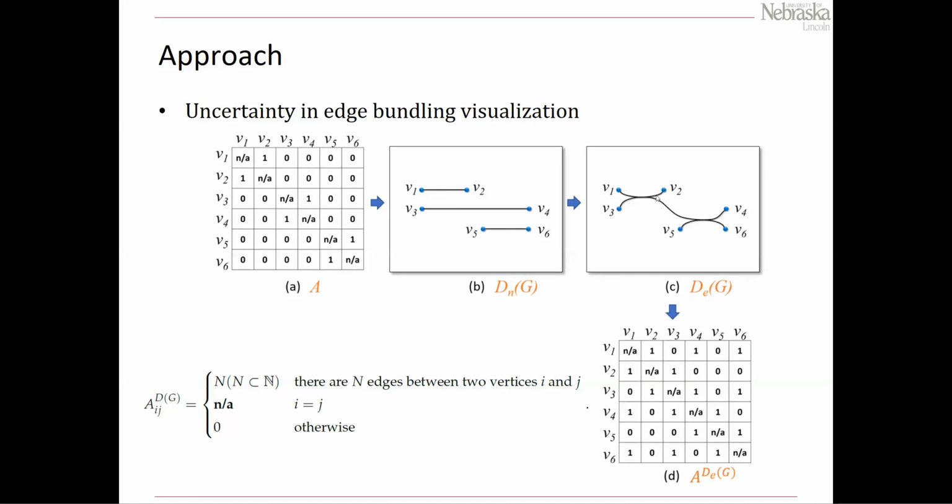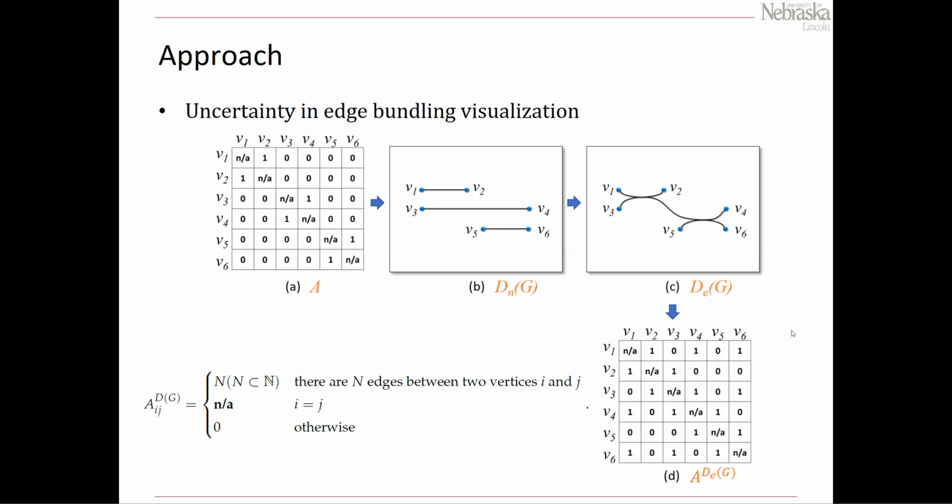In this case, V1 and V2 still have an edge connecting them, so we fill in 1 here. But we can also see that V3 and V2 have a path in this diagram, so we also fill in the V2 and V1 entries and put a 1 here. So we generate a matrix indicating how many edges there are between two vertices from the edge bundling visualization.